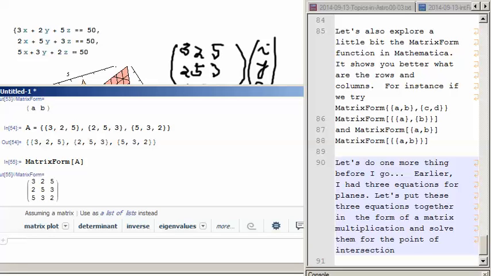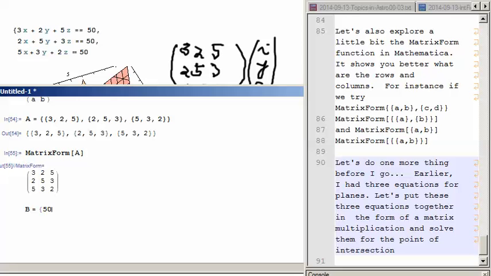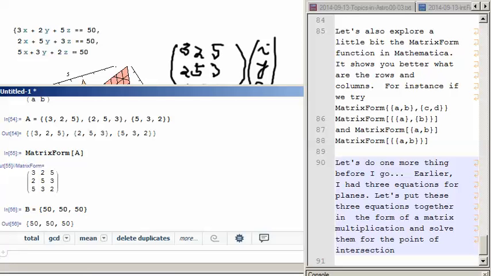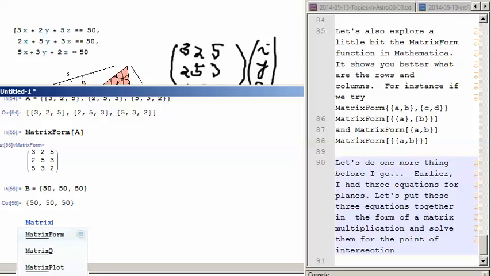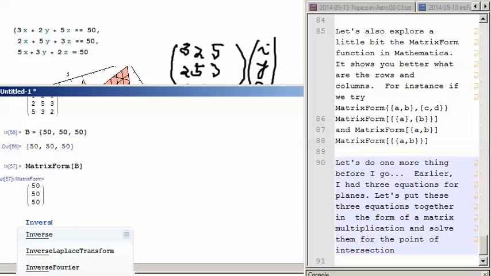And so B equals 50, 50, 50. And let's see the matrix form of B. Also 50, 50, 50. All right, now let's take inverse of A dot B.